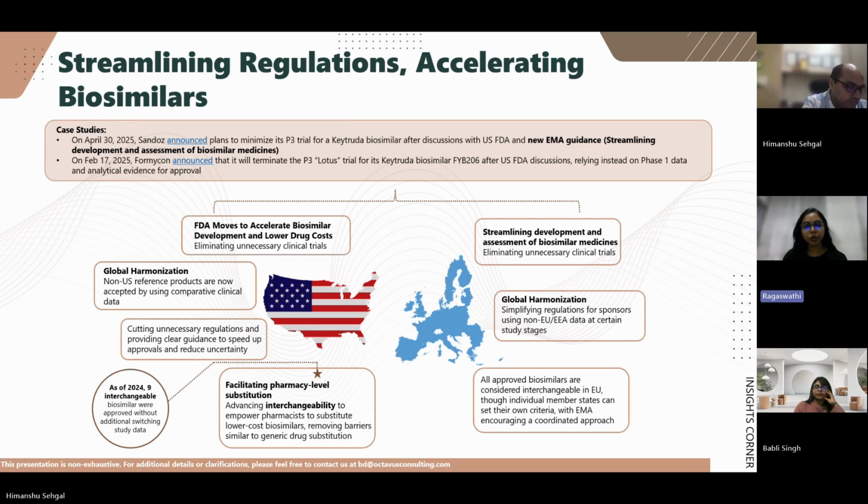There is data that till 2024, almost 9 interchangeable biosimilars were approved without needing any additional switching studies, and there is good real world evidence that there is no clinically impactful difference from the biologics. Well, when we talk about the EU, there has never been an interchangeability concept because they fundamentally agree that all biosimilars are scientifically and clinically similar to biologics, so they could be substituted. So this is all about the regulations.